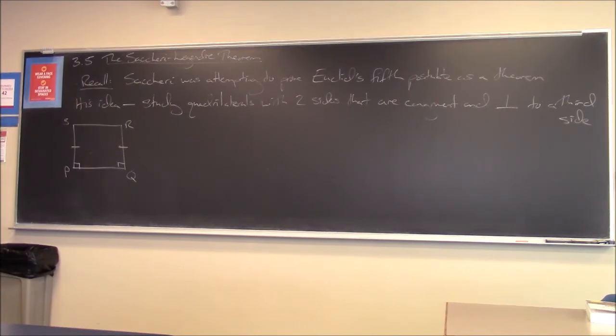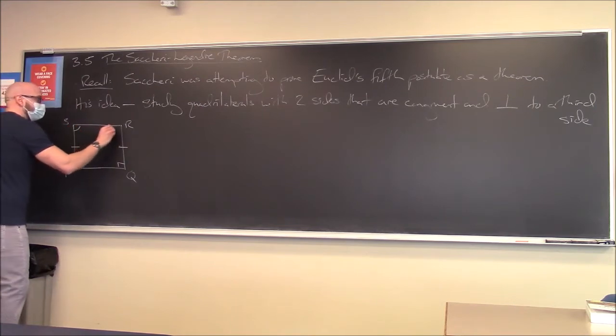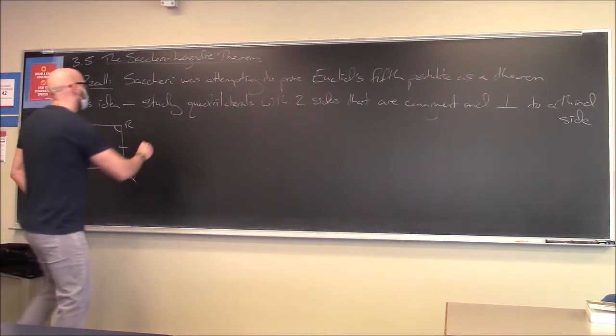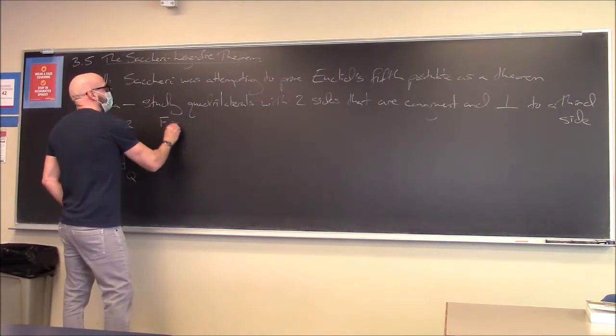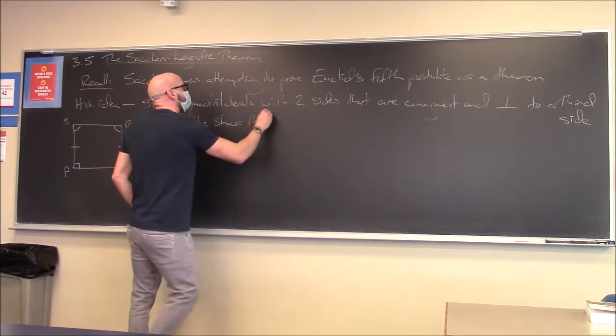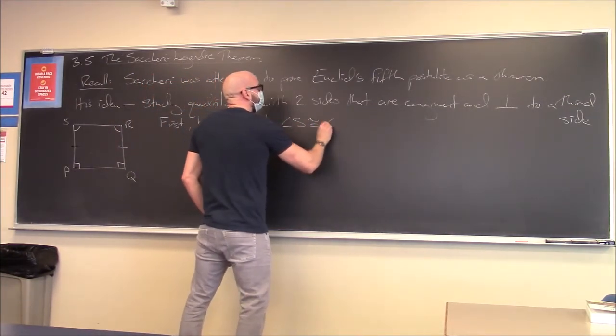But that's a strictly Euclidean result. That's what he wants to prove. But what you can say in the neutral realm very easily is that they're at least congruent. So first, he shows that angle S must be congruent to angle R.